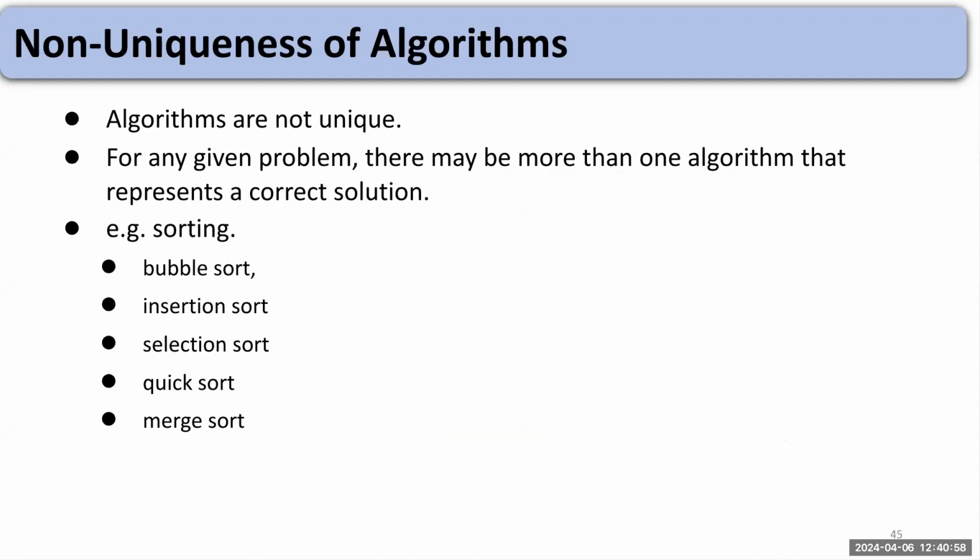There may be different types of algorithm for a unit task. Maybe we can create several algorithms. For example, sorting.